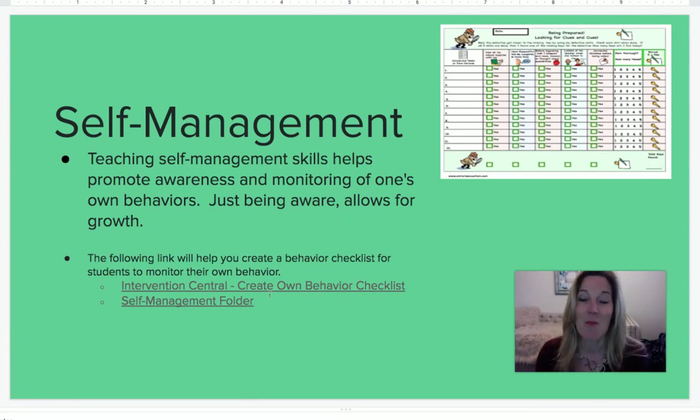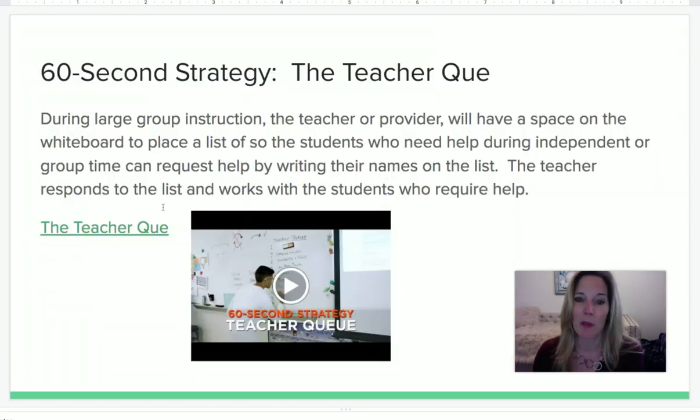So check that out. And then we have a self-management folder. There's a few items in there for you to check out too that maybe you could use or manipulate. And if you just text me, email me, say, hey, we need some more self-management tools, and we've got a whole lot of them. We can help out.